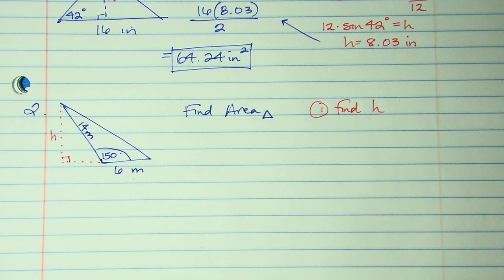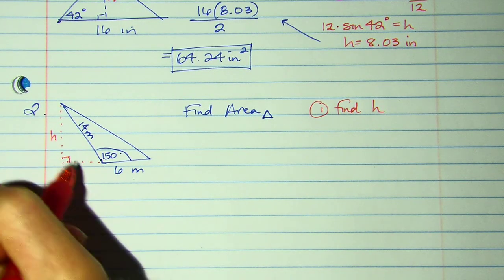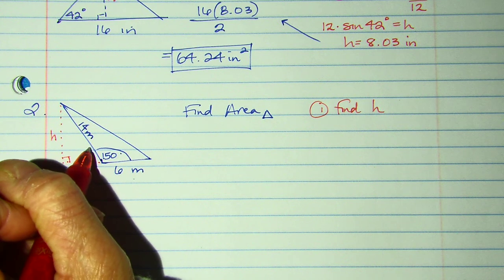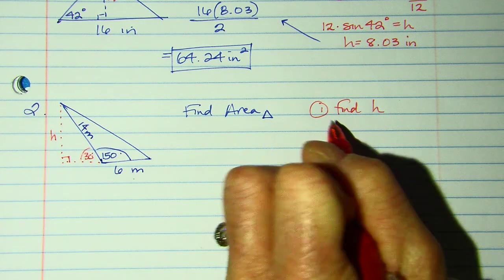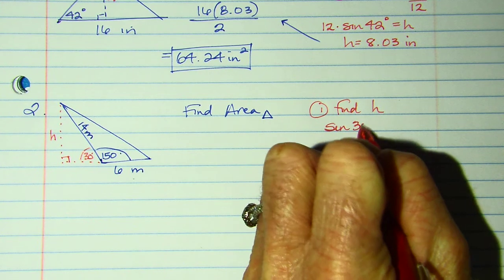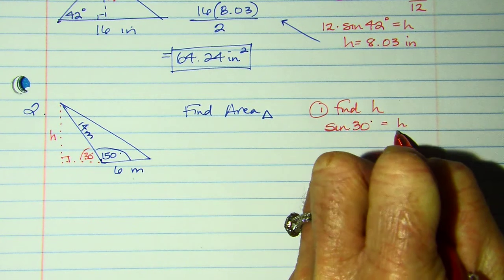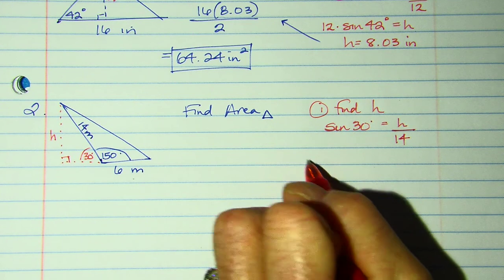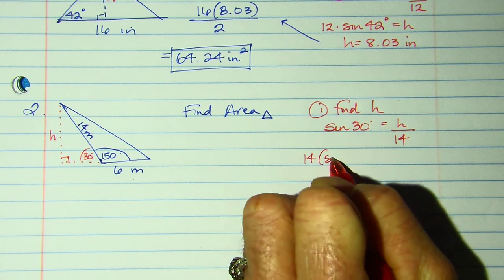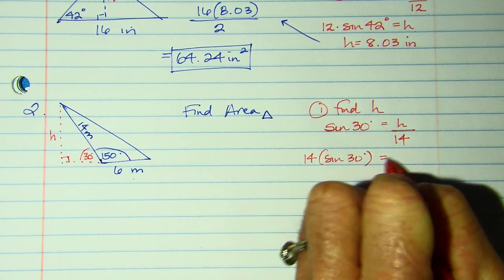So this would create a 90-degree angle. So let's look at what I have. I have my hypotenuse of 14. I know that if this is 150, then this here is 30. So I know the sine of 30 degrees would equal my height over 14, because opposite over hypotenuse is sine. So 14 times the sine of 30 degrees equals my height.